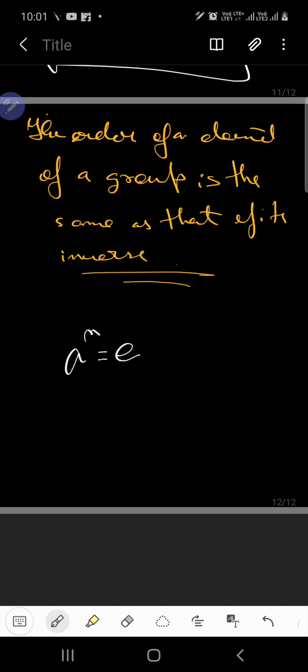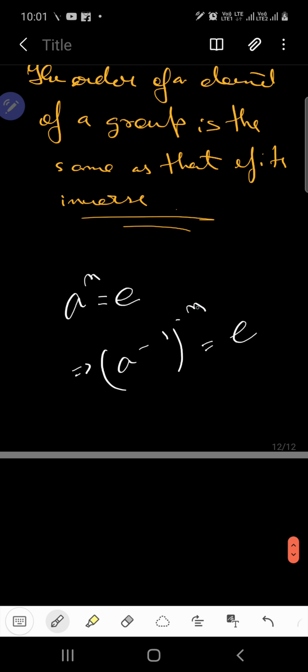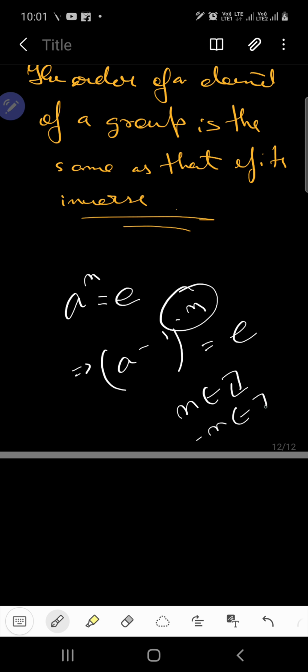Getting my point? Now you can write this as a to the power minus 1, raised to minus n, is equal to e. So there exists some minus n, which is also an integer. If n is an integer, then minus n will also be an integer, right?